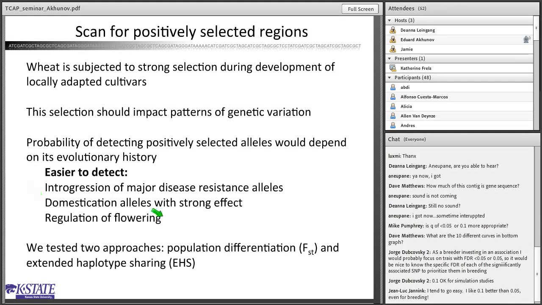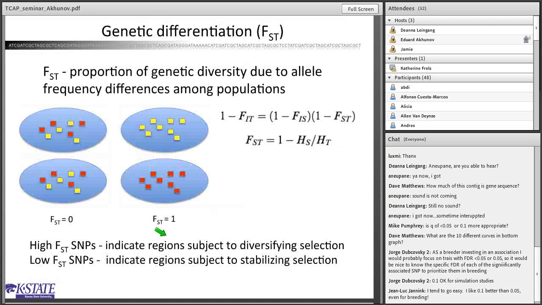And I would like to talk about just one approach that is quite broadly used in the population genetic literature, which is called the population differentiation test. We also tested other approaches, but I'll skip the results and focus only on the genetic differentiation test.